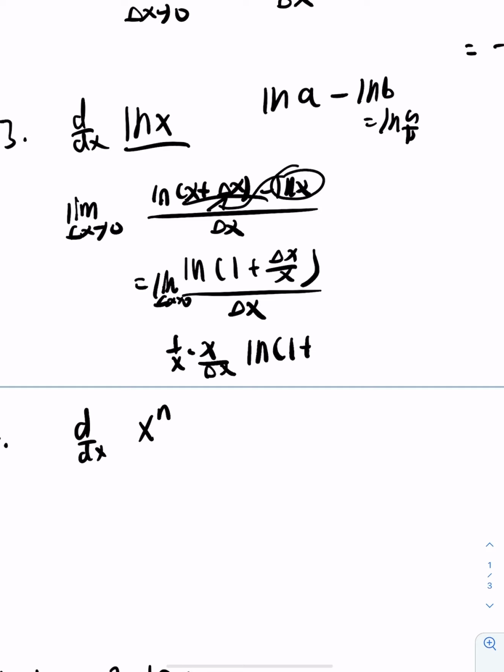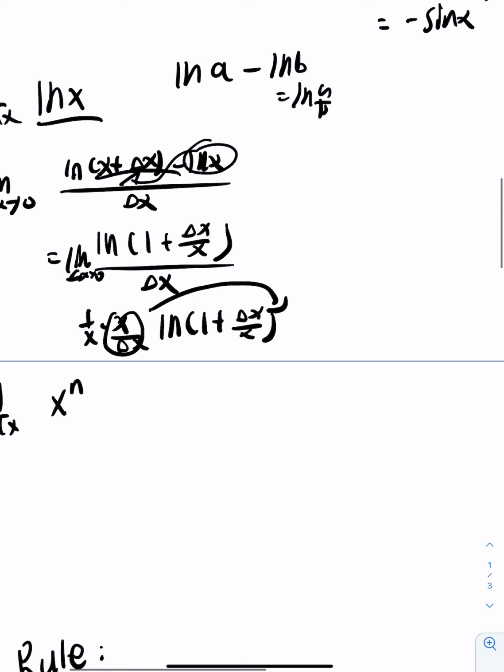And now the limit as delta x approaches 0. If we multiply the term by x and divide by x, we move it to that side, and we have ln(1 plus delta x over x).